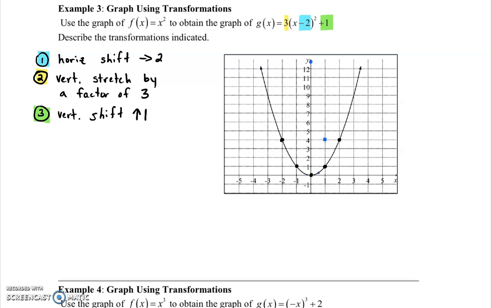For the (0, 0) point, it is moved 2 to the right. 0 times 3 is 0, so we're not moving anywhere, but then we're shifting up 1. And because this is a quadratic, it has symmetry about the axis of symmetry, so we can just fill in the other points. And now we make our parabola.